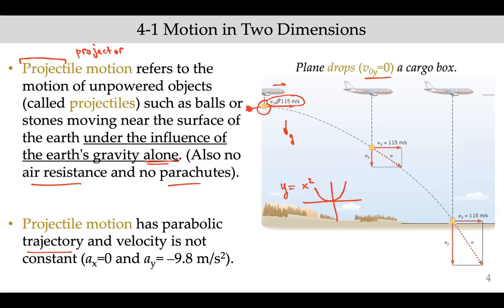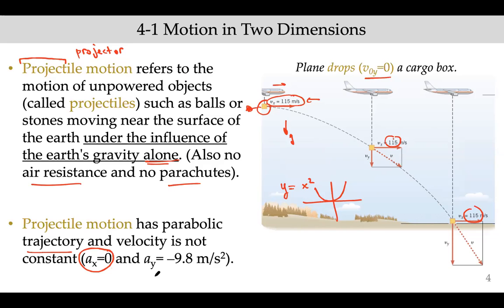No. So that horizontal velocity, if there's no force, it will not change. If there's no force, there's no acceleration in the x direction. So you can see that it's 115, 115, 115. So it doesn't really change, right? And you can see that here, the acceleration in the x direction is 0 because there's really no force in the x direction.